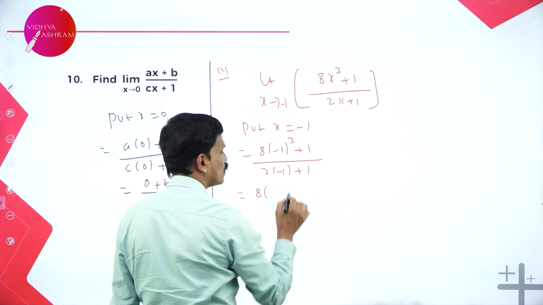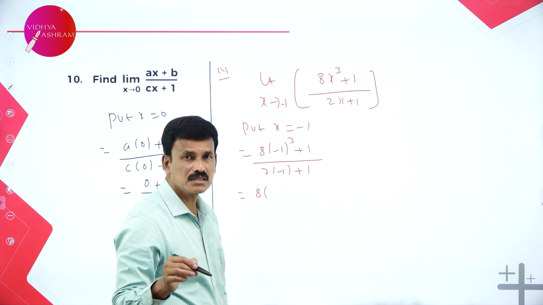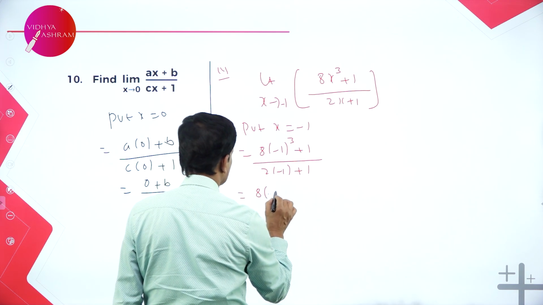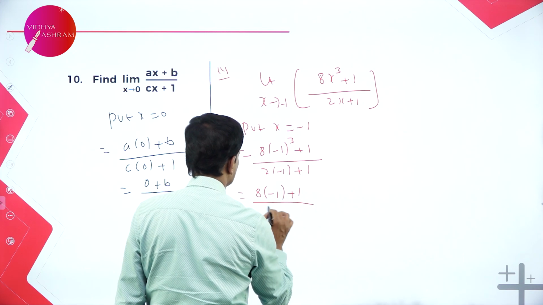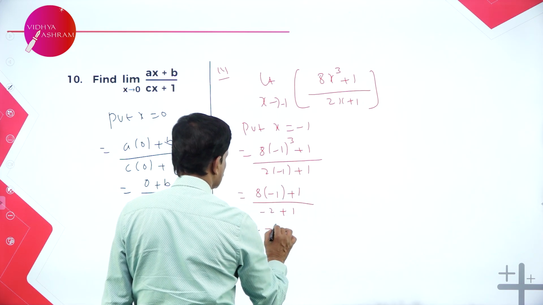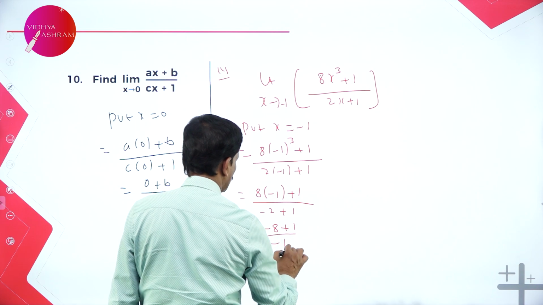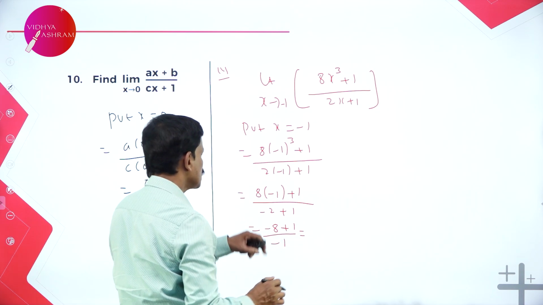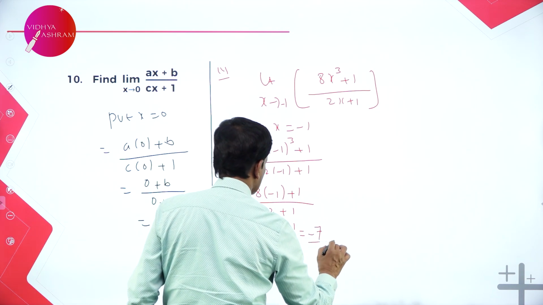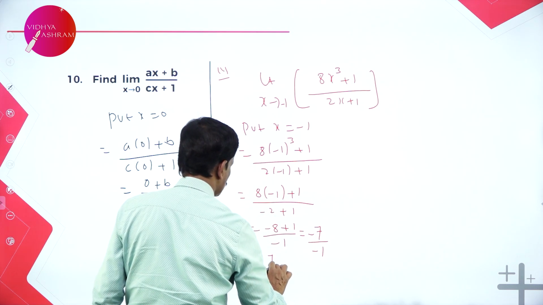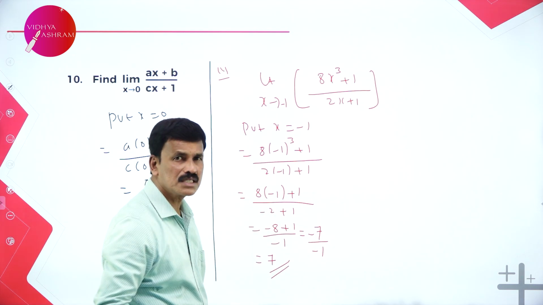So 8 into, if you multiply minus 1 three times, minus into minus is plus, minus into minus is minus 1, plus 1, divided by minus 2 plus 1, is minus 8 plus 1 by minus 1. So what is this equal to? Minus 8 plus 1 is minus 7 divided by minus 1. This is equal to plus 7. The required answer is plus 7.